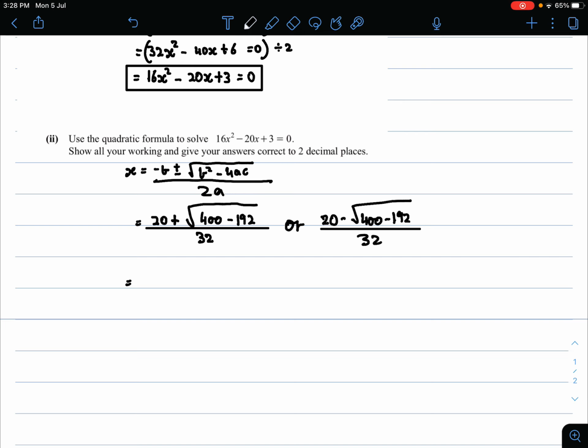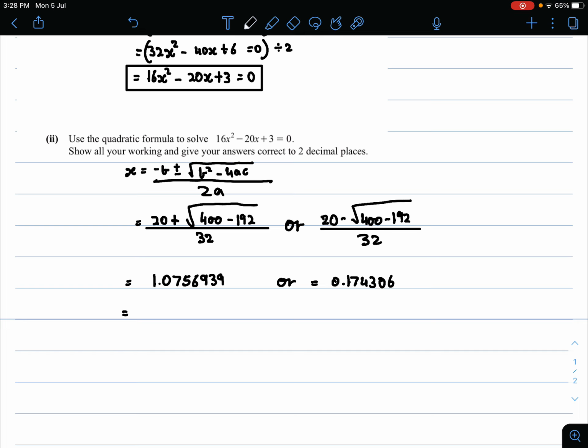So you will get your answer over here as 1.0756939. Or you will get your answer in the second scenario. So root 208, 20 minus that, and the whole thing divided by 32. So you will get 0.174306.